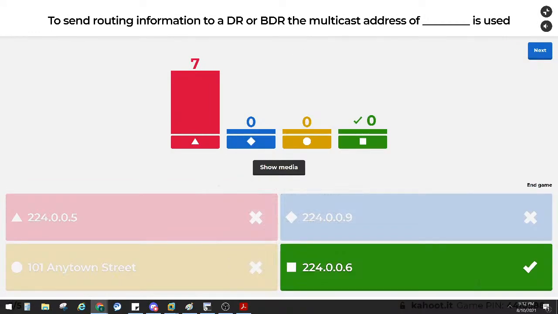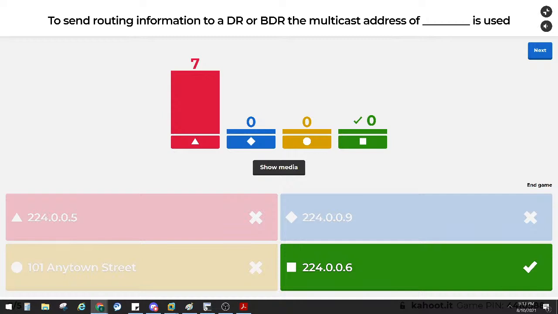Someone said, I wonder if .6 counts BDR too. That's a good question. So .6 is correct. Exactly, 6 is DR, but I don't know if BDR is included on that too.